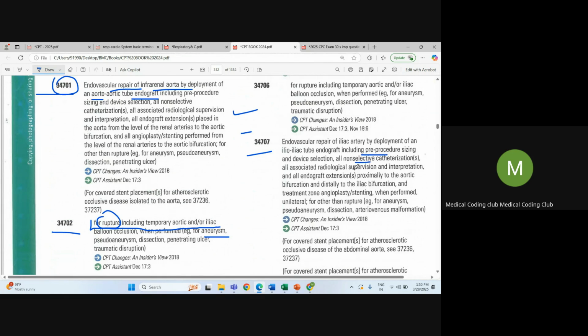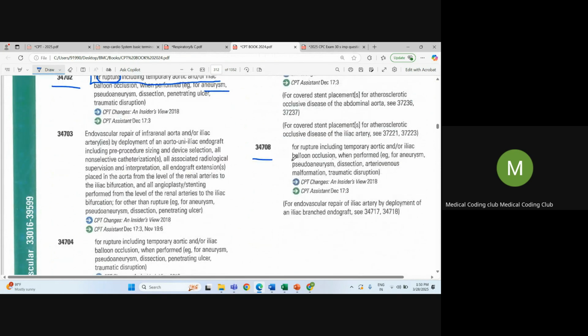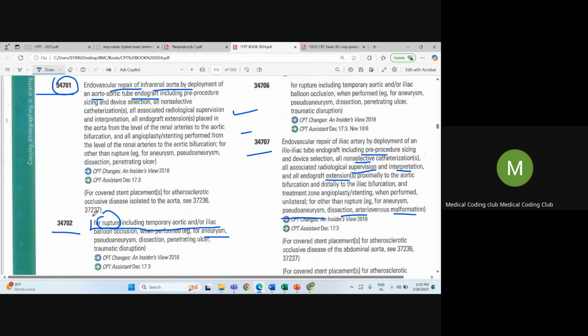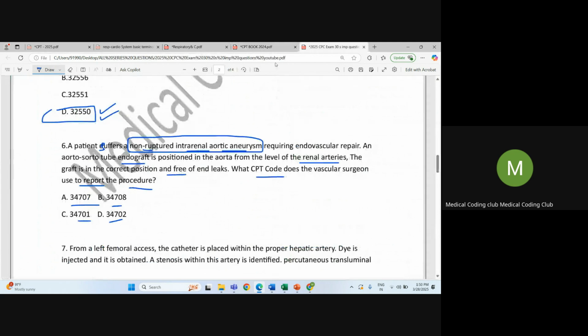You can read the description: supervision and interpretation of this pseudo aneurysm. These two are not correct. For infrarenal, you have to refer to these two, 34701 and 34702, and the question is about non-ruptured, so you can select 34701 as your answer. 34701 is the correct answer for this question. And if they mention ruptured, then you can select 34702.